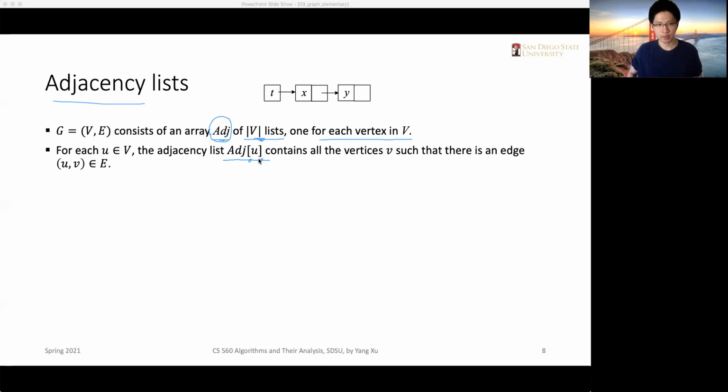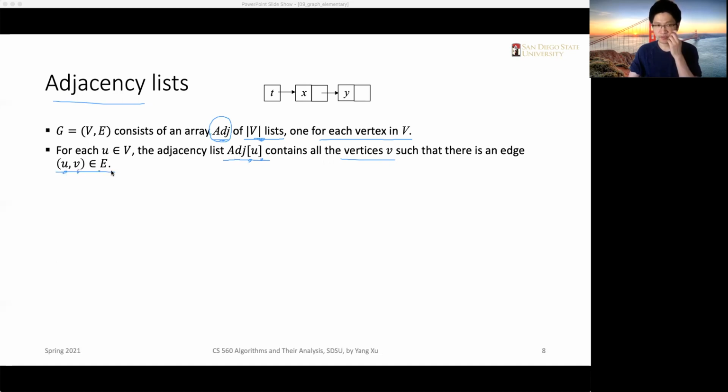We can use ADJ of U to contain all the vertices V, such that there is an edge connecting U and V.